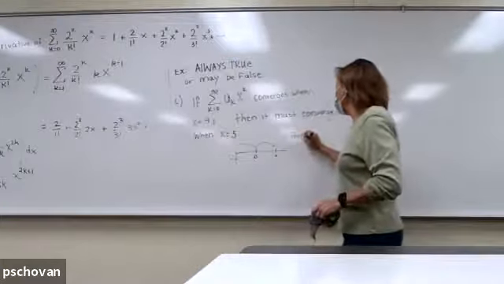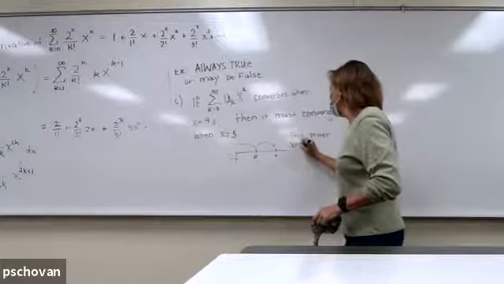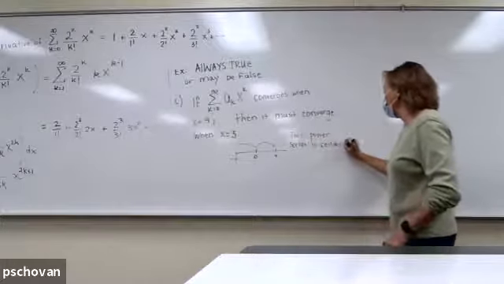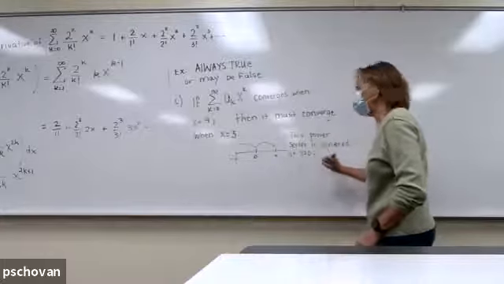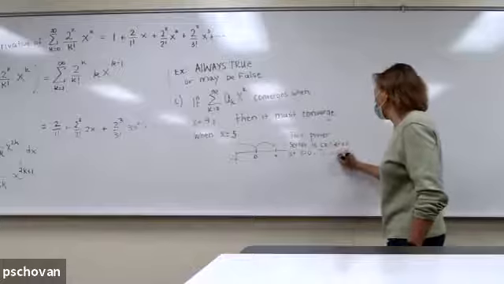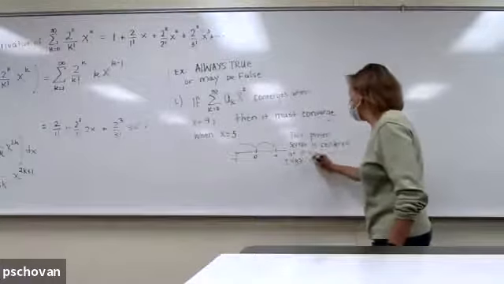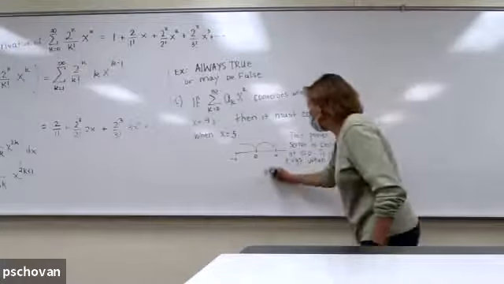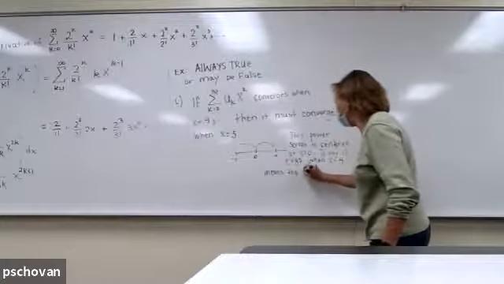So this power series is centered at x is equal to 0. To say it converges when x is equal to 4 means the radius of convergence is at least 4.